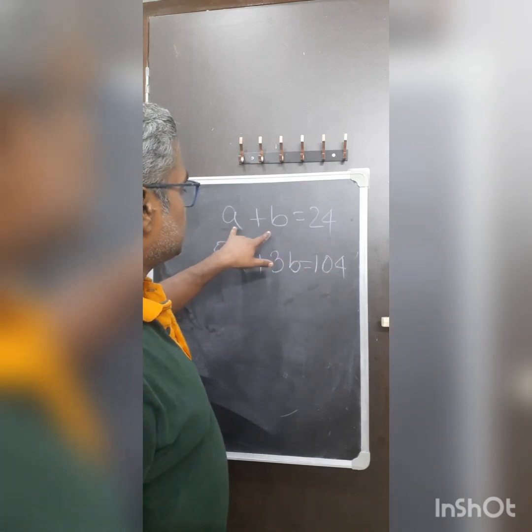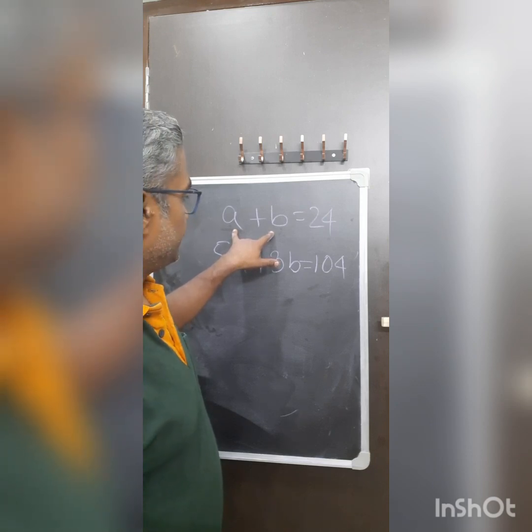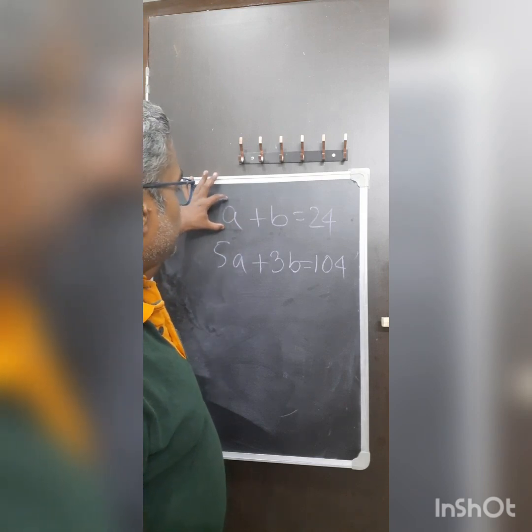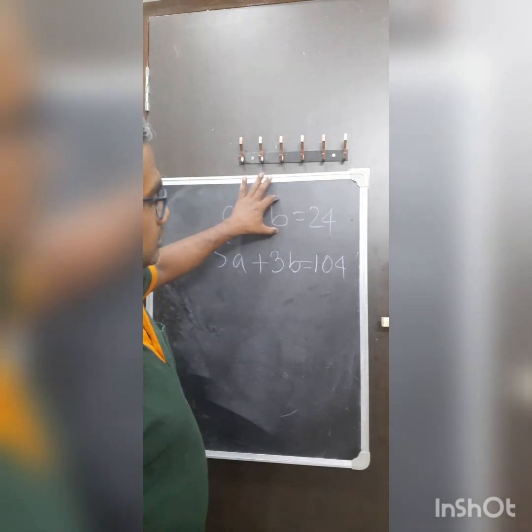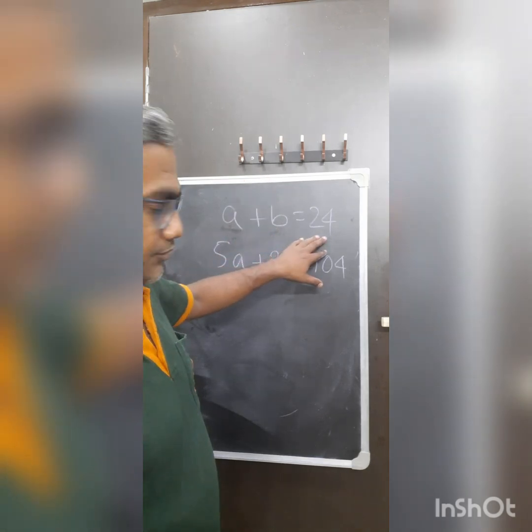So the first condition is that the total number of questions carrying 5 and 3 marks is 24. The number of questions carrying 5 marks I am assuming is A, and those carrying 3 marks is B. So A plus B is equal to 24.